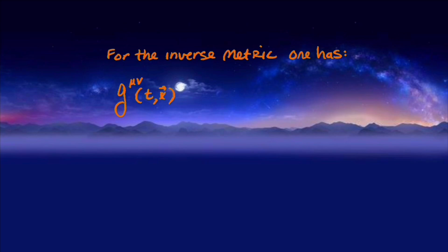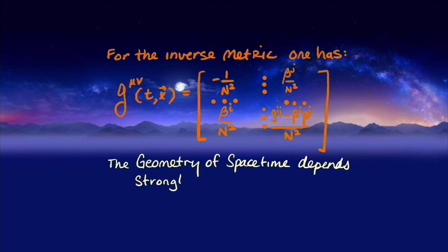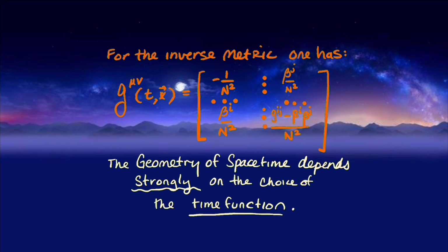And for the inverse metric, one has this from the ADM split, noting the use of the upper indices for the inverse. The geometry of spacetime depends strongly on the choice of the time function.